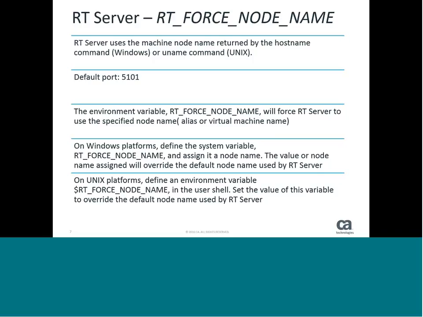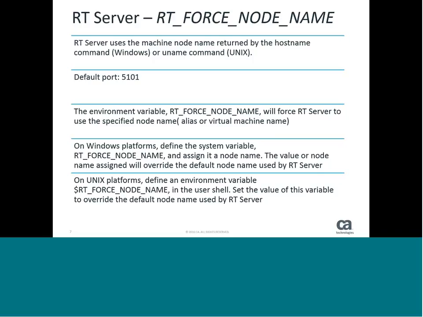In that kind of scenario, it is not always desirable that the RT server should listen on the host name for that particular node. In this case, there is a configuration parameter called RT host node name, which comes in handy to the Harvest administrators. They can use whatever value they want, and they can create a DNS alias so that it can shift to whichever RT server they want at runtime.